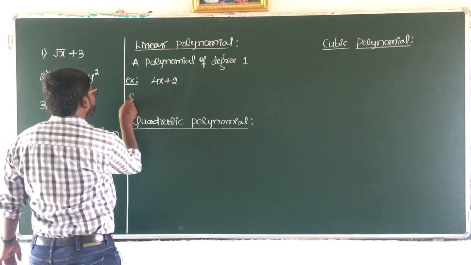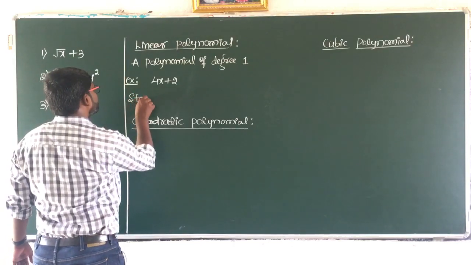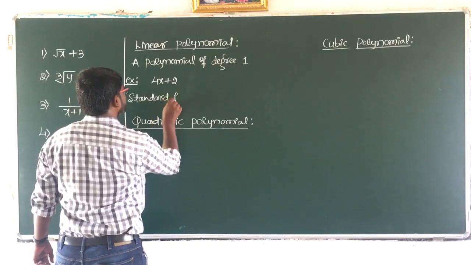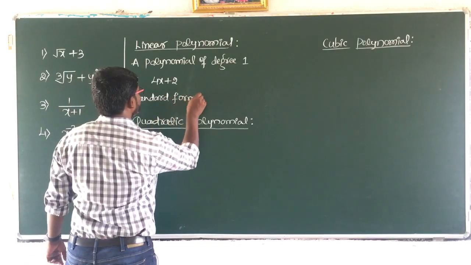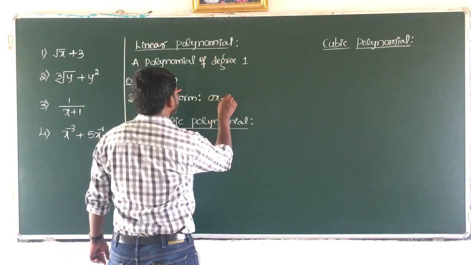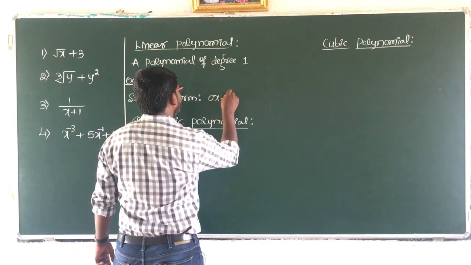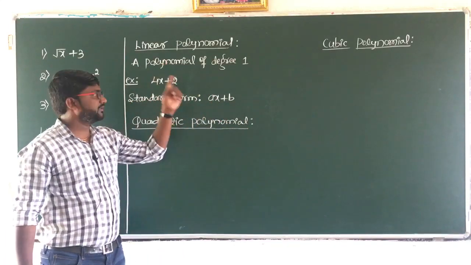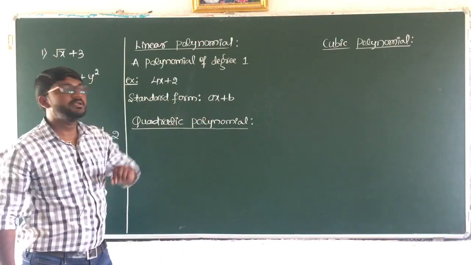And then we'll write the standard form. The standard form of a linear polynomial is ax plus b, where a is not equal to 0.